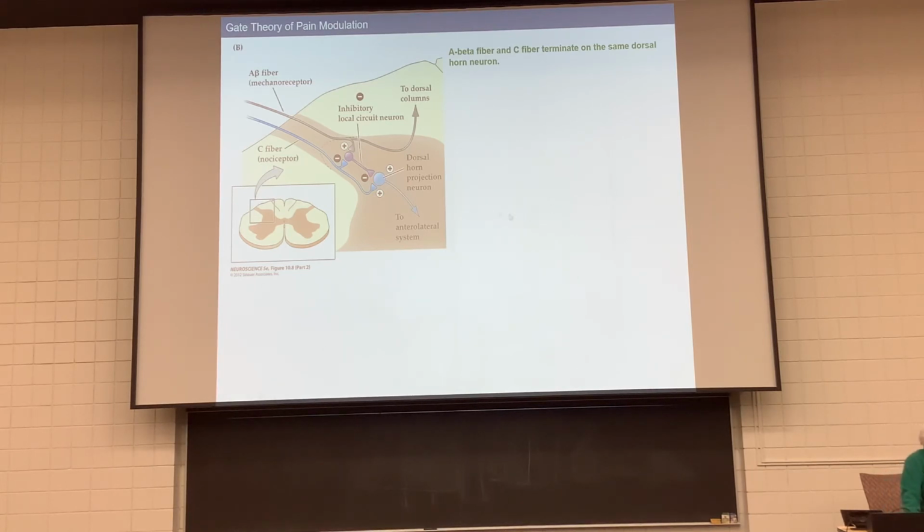Okay, so here's our A beta, and it's going up to the dorsal columns. But when it comes into the spinal cord, it also gives off a collateral. And again, there can be more than one interneuron, but ultimately it activates an inhibitory interneuron that will now decrease the firing rate of that dorsal horn neuron.